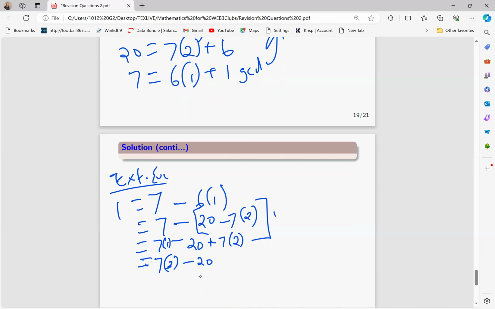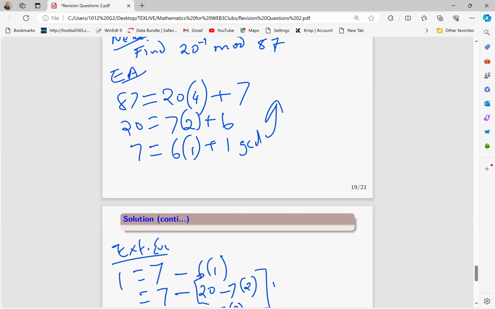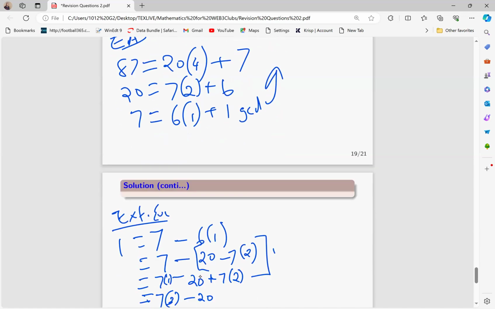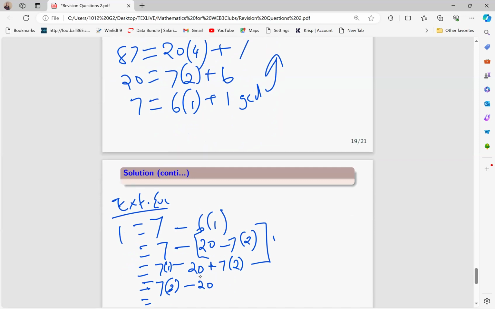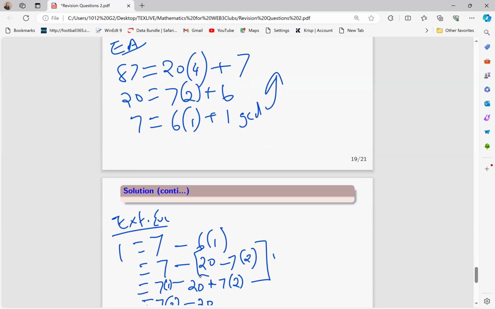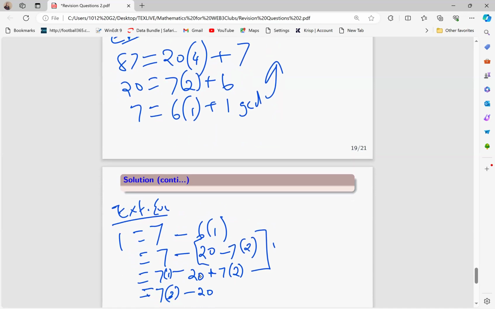Then minus 20. Good. So we have 7. Okay. So making 7 the subject. So 87 minus 20.